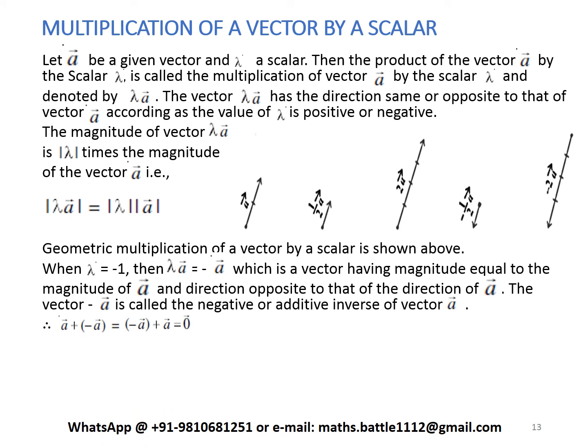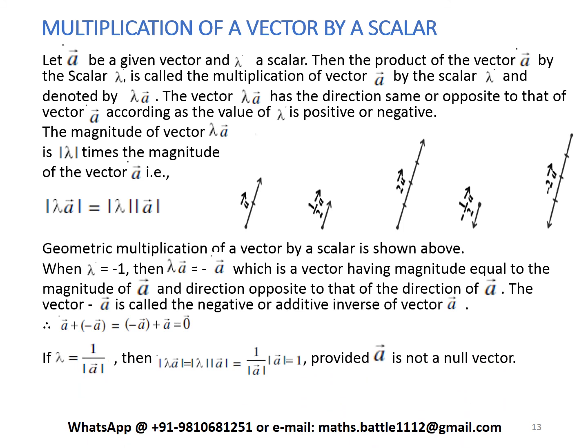Therefore, vector A plus (minus A) is equal to (minus A) plus A is equal to the 0 vector. If lambda is equal to 1 upon magnitude of A, then mod of lambda A is equal to mod of lambda into mod of A is equal to 1 upon mod of A into mod of A is equal to 1, provided vector A is not a null vector.